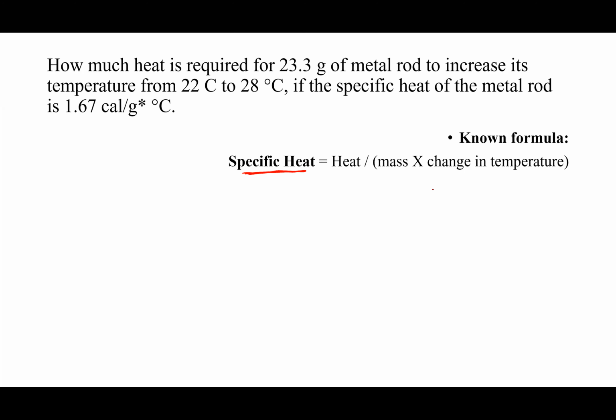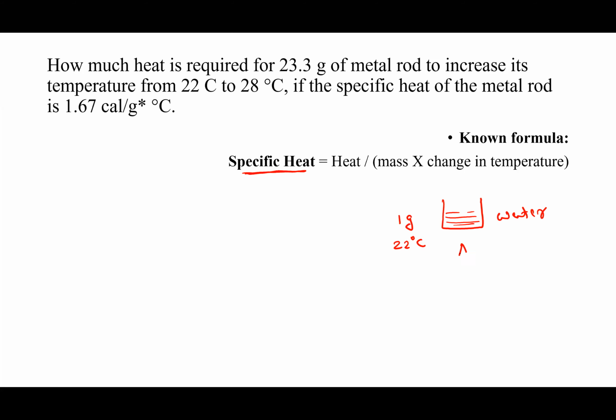All right. So first of all, what is specific heat? Specific heat means, let's assume you have any given material, water right now. The quantity of the water is 1 gram and the temperature is 22 degrees Celsius, for example. So what is specific heat?